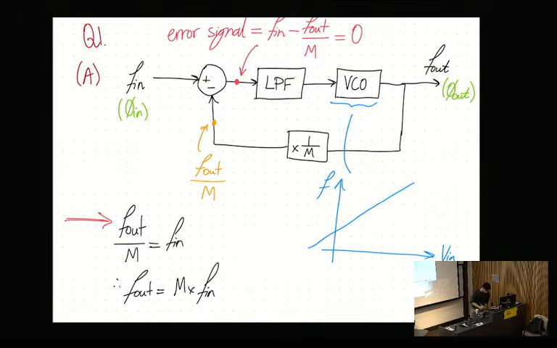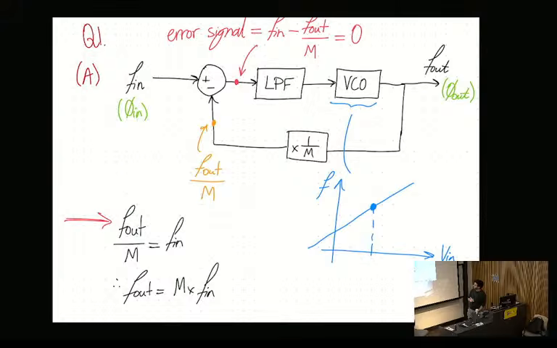The way it does this is it utilizes the VCO as an actuator to push that signal in one particular direction. Let's imagine the error signal is positive. We have a positive error signal that passes to the low pass filter, which just smooths out the error signal, and then it goes into the VCO as an input. Let's assume the steady state of my system is here.